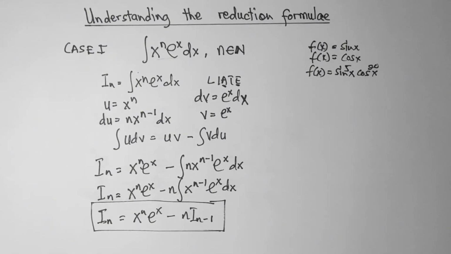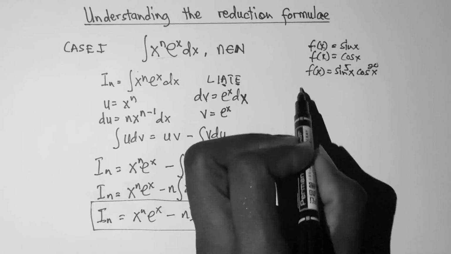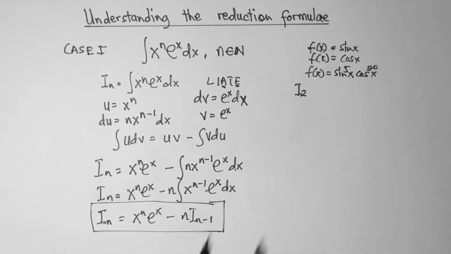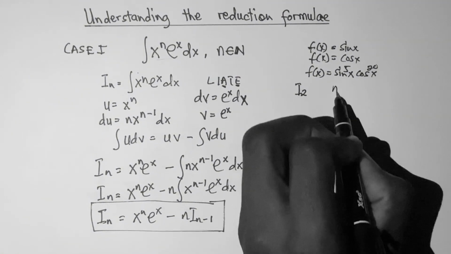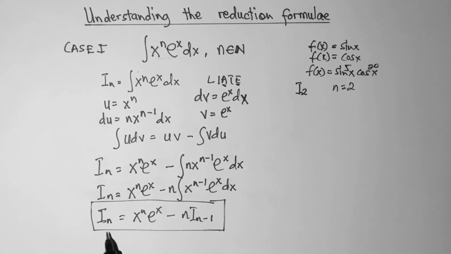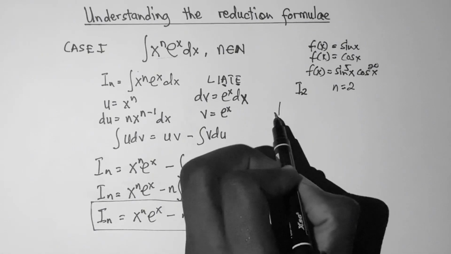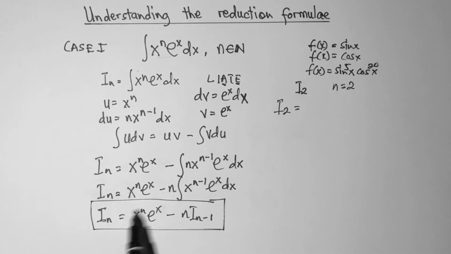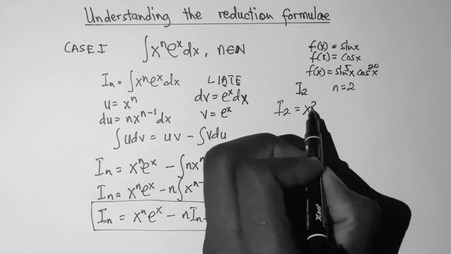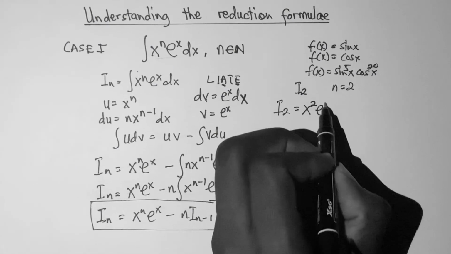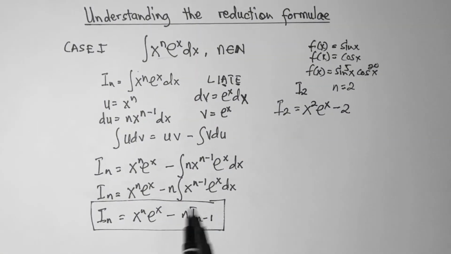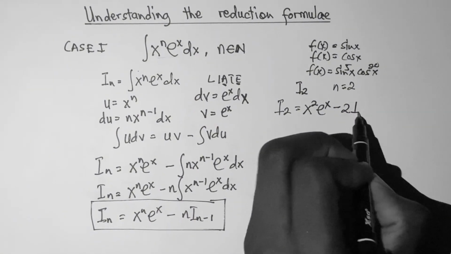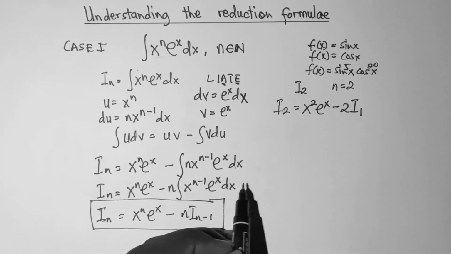So using this, let's solve the case of I of 2. I of 2 means n is equal to 2, so wherever we see n in this equation, we should replace it with 2. So I of 2 is equal to x exponent 2, then exponent x, minus 2 times I of n minus 1, which is I of 2 minus 1, so I of 1.